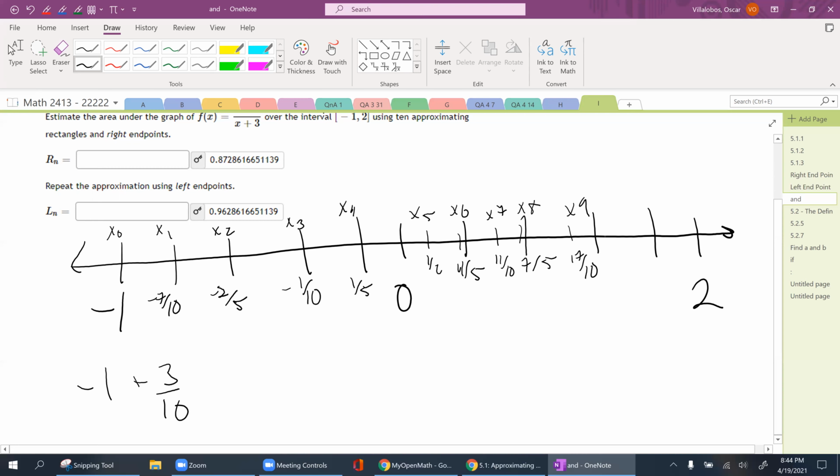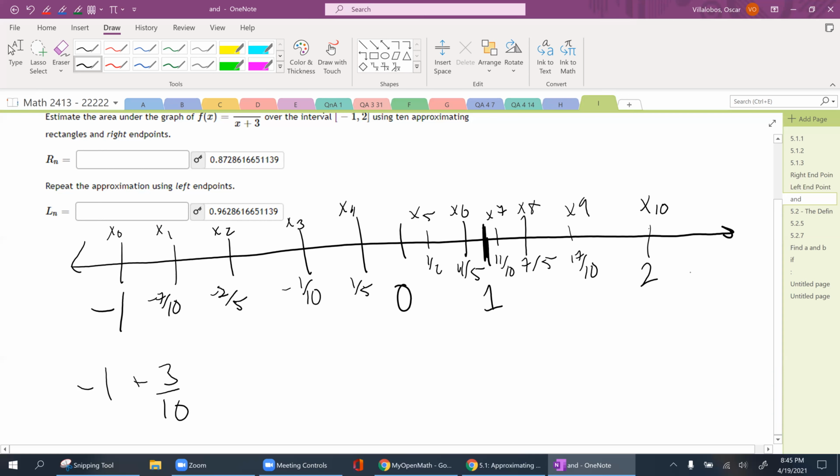Where's my 1 value? That's why it was kind of throwing me off. 1 was approximately here. 17 over 10 plus 3 over 10 would give me 2. So those would be your points.